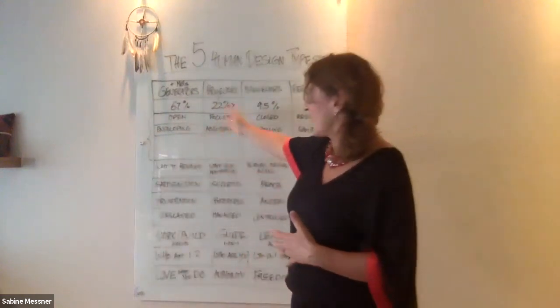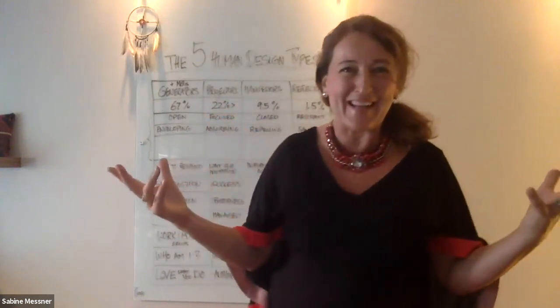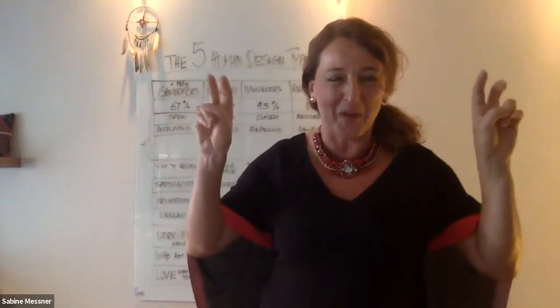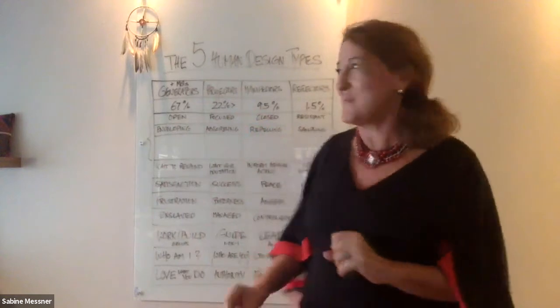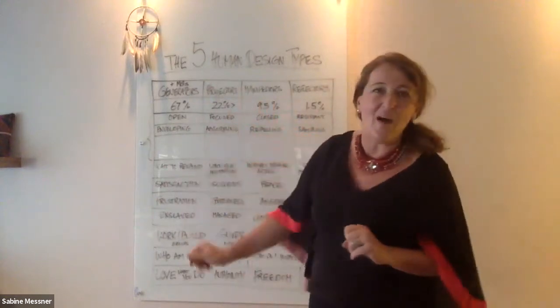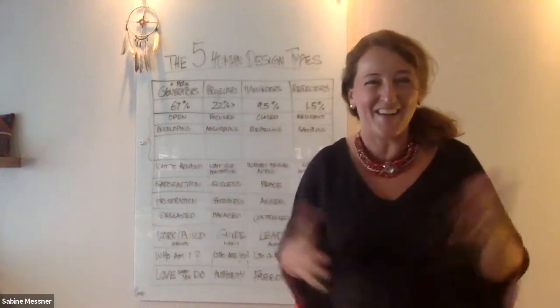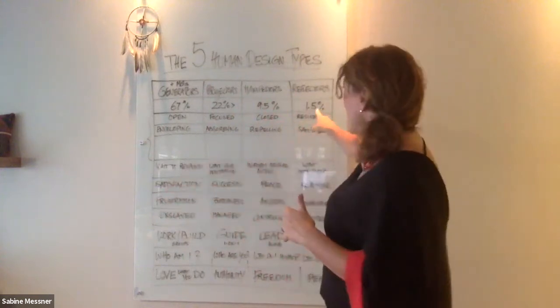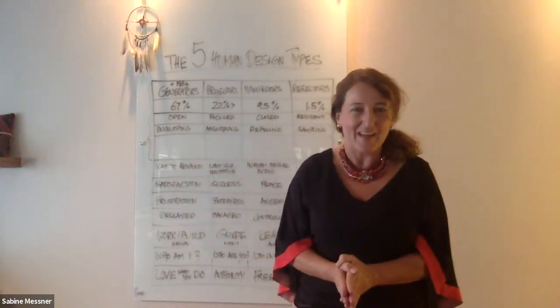And right off the get-go, you can see that's basically, in quote unquote, 1/3 against 2/3. So the projectors are definitely in the minority, but even more so are the manifestors with 9.5% in the world population. And then we only have 1.5% reflectors, right?